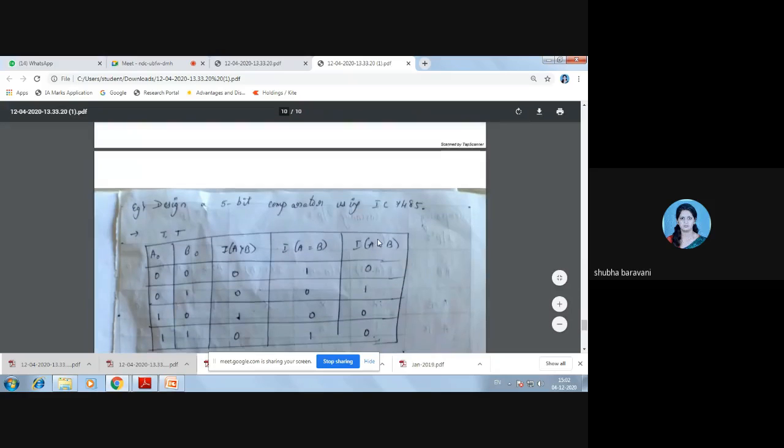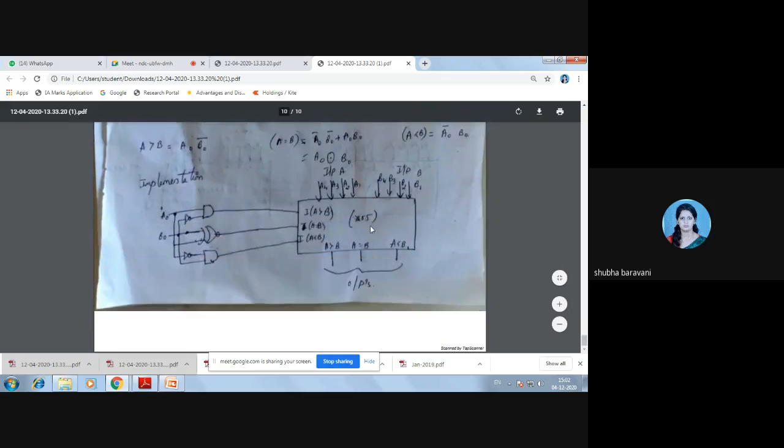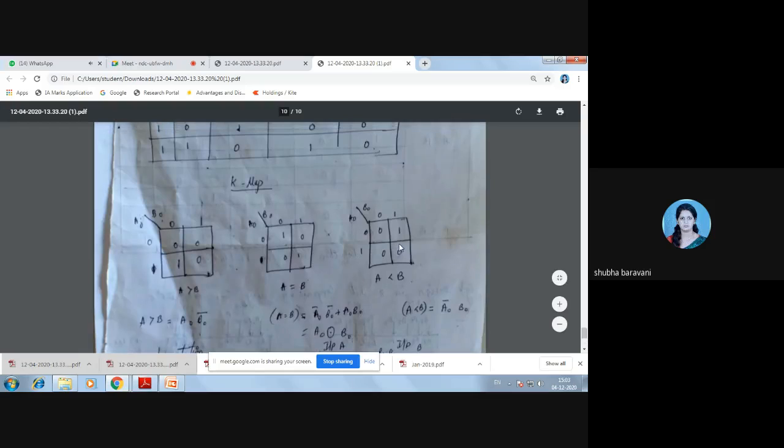So first I'll give inputs B0 to B3 and A0 to A3, which are 4 bits, to the IC.